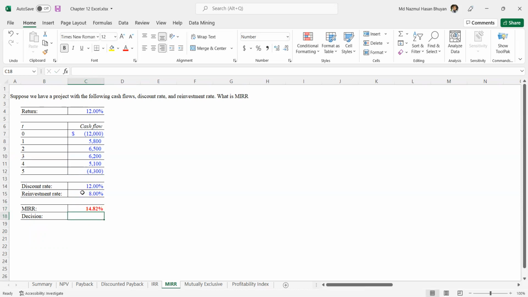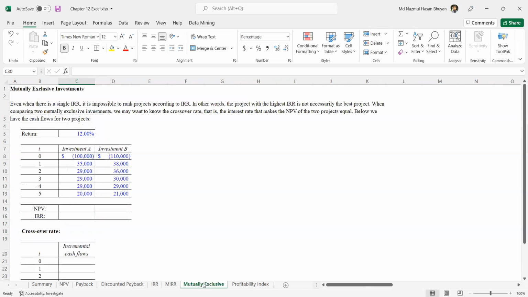If you don't know your reinvestment rate, but you know just your discount rate, then assume that your discount rate is equal to your reinvestment rate. This is very important for your exam. All right, now here your MIRR is 14.82%, which is greater than the required rate of return. So again, your decision should be accept.